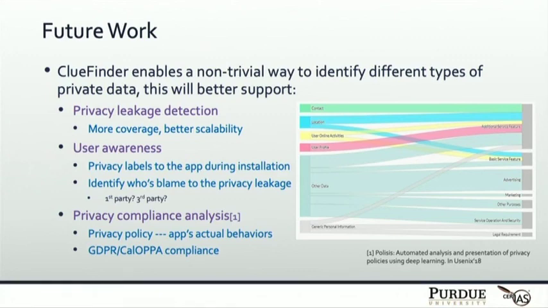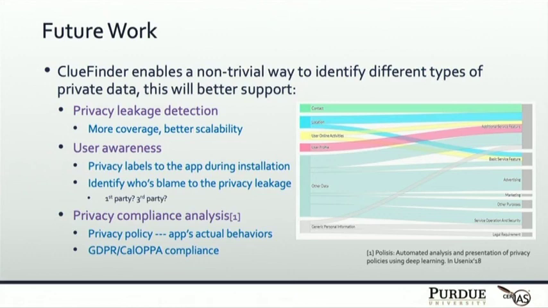installation. And also, we can identify who is to blame for those privacy leaks. Is it the first party or the third party? And the last thing is that ClueFinder can better support privacy compliance analysis.